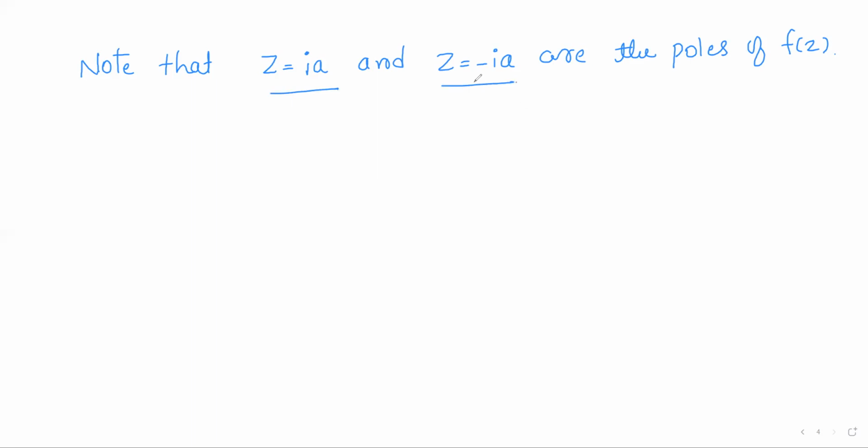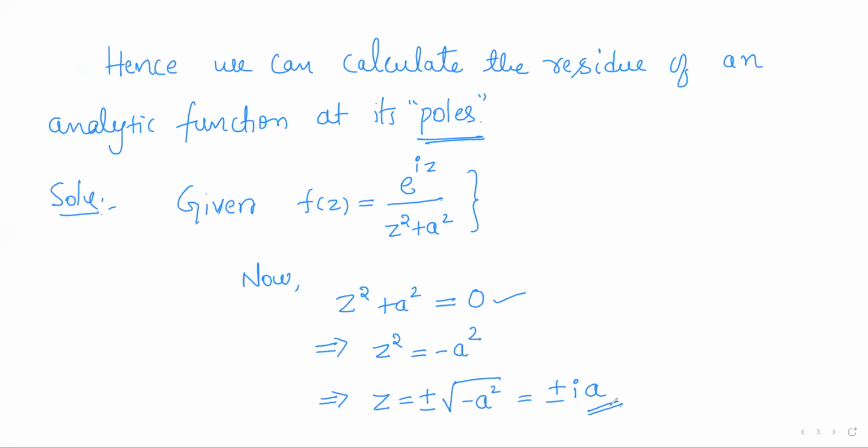Now we shall calculate the residue at these poles. Also you can note here that these are simple poles of f of z as they are simple zeros of the denominator function. The denominator function is a polynomial of degree 2, z square plus a square, so it should have two zeros: one is plus ia and the other is minus ia.